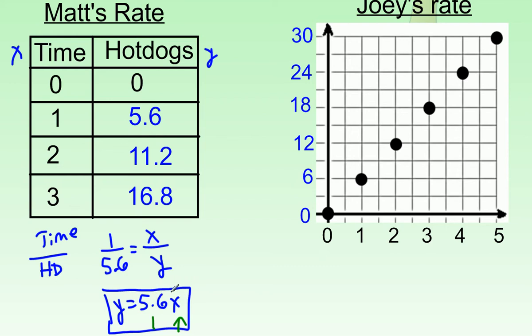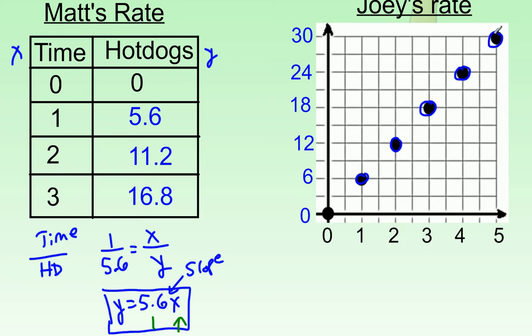So this is essentially just the slope of the line. If we can find the slope of the line here, that would be the rate. Okay, so let's see. Is this going at a constant rate? Well, it looks like 1, 6, 2, 12, 3, 18.